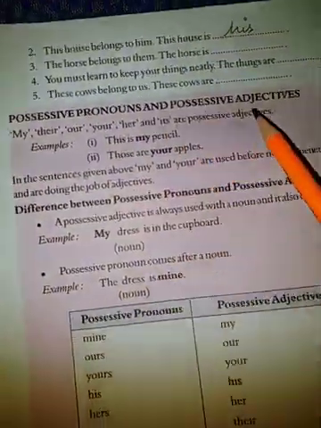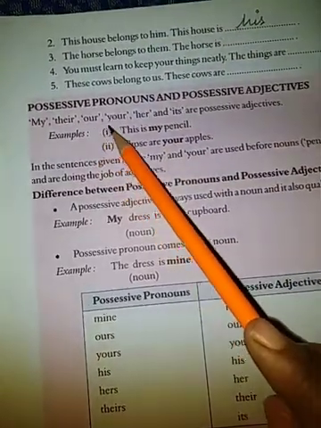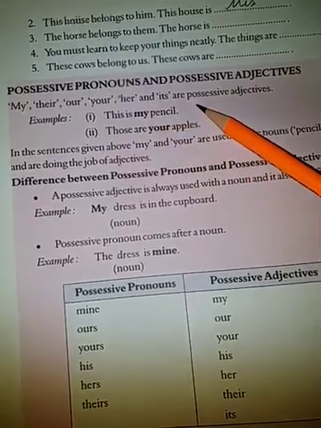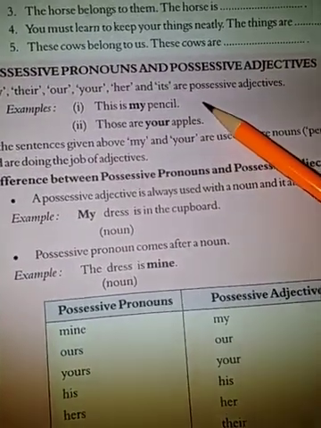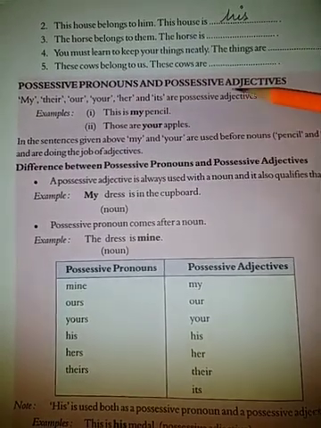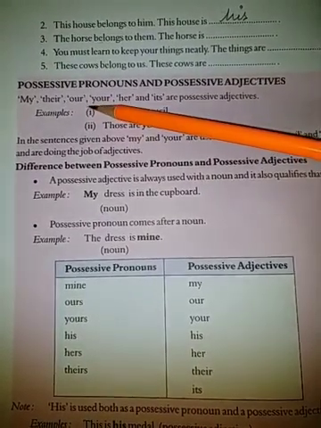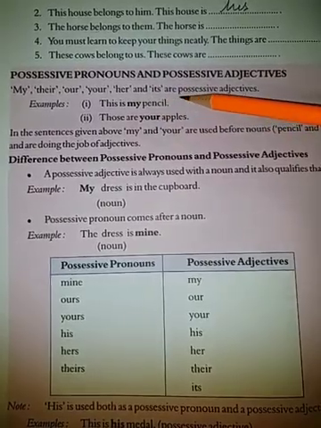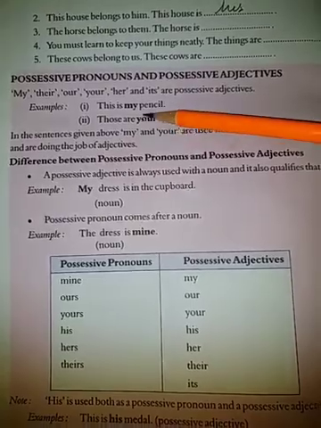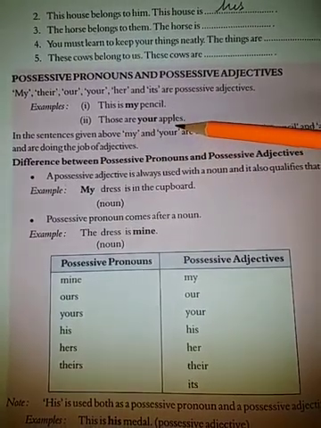Possessive pronouns and possessive adjectives. My, their, our, your, her and its are possessive adjectives. Examples: this is my pencil. Those are your apples.